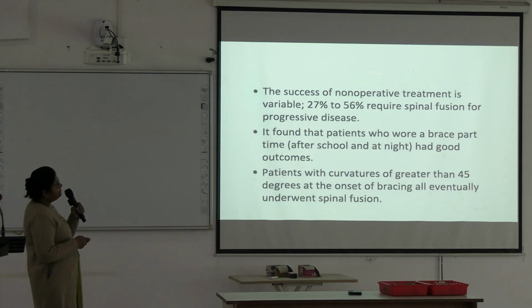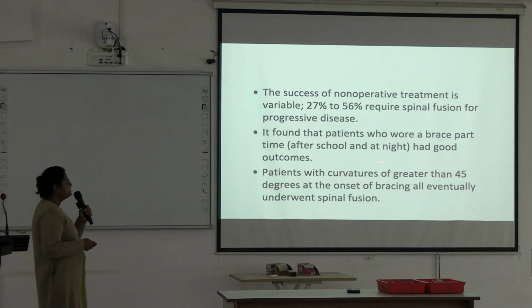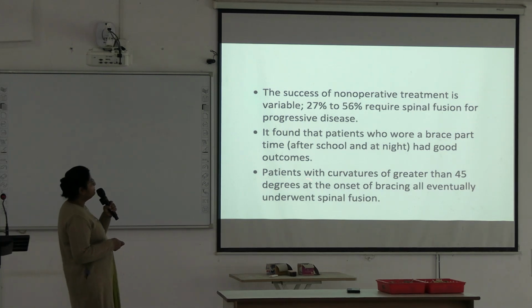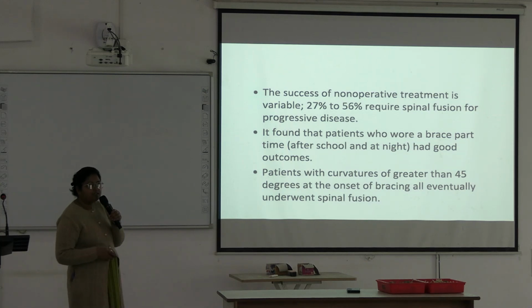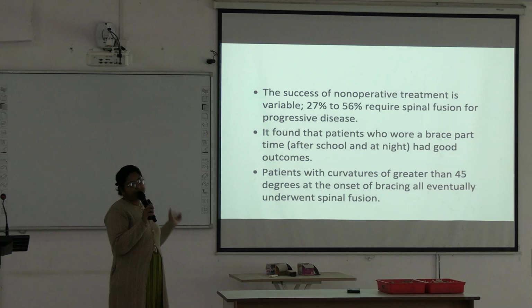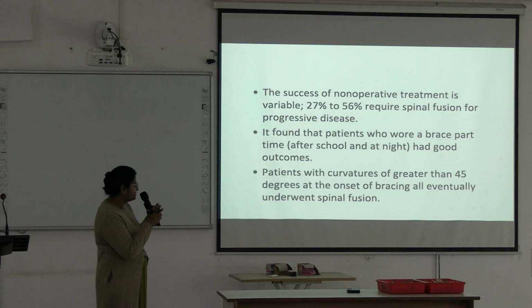Non-operative means this brace treatment. Patients with curvatures of greater than 45 degrees at the onset of bracing all eventually went to spinal fusion. Due to wearing the brace for a long time, there will be spontaneous spinal fusion in some cases.